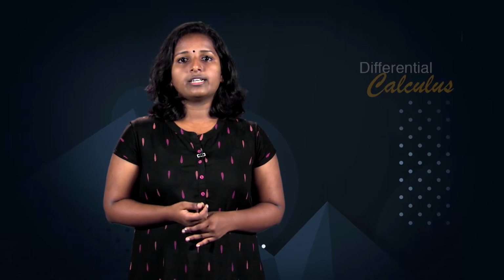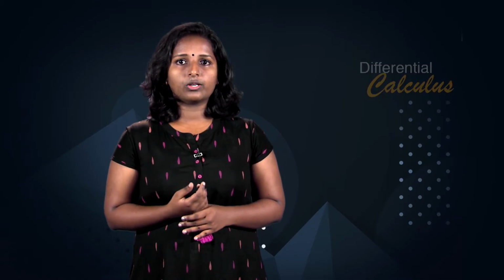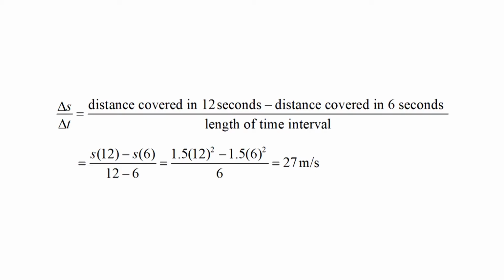The average speed of the car over the interval [6, 12] is Δs upon Δt, equal to distance covered in 12 seconds minus distance covered in 6 seconds upon length of the time interval, equal to s(12) minus s(6) upon 12 minus 6, equal to 1.5 × 12² minus 1.5 × 6² upon 6, equal to 27 meters per second.